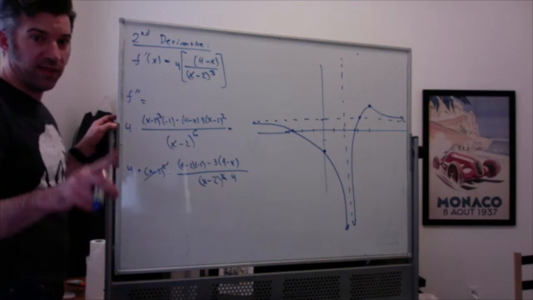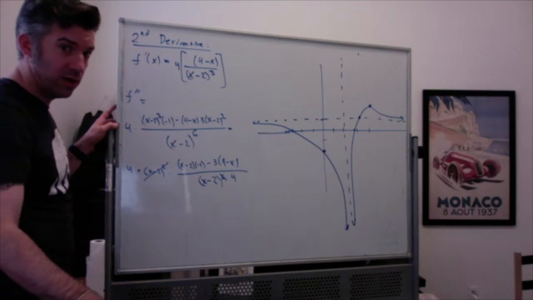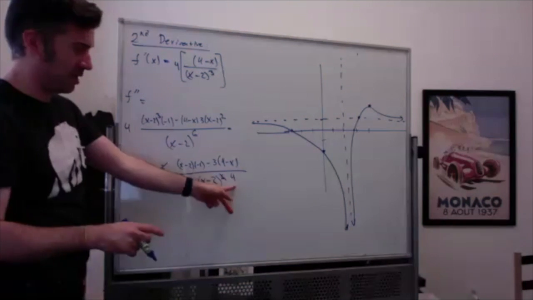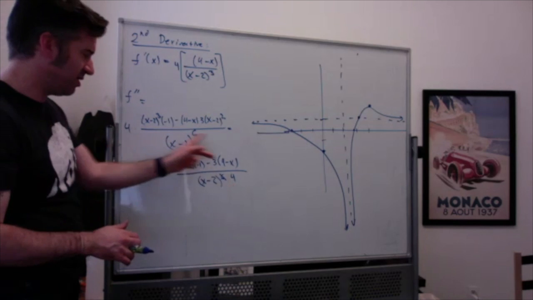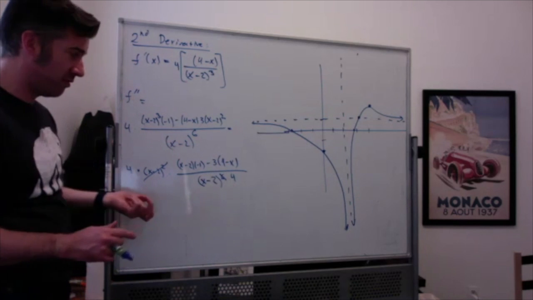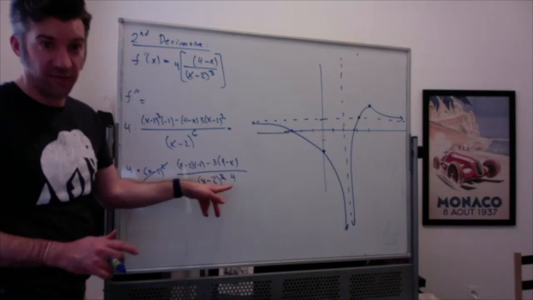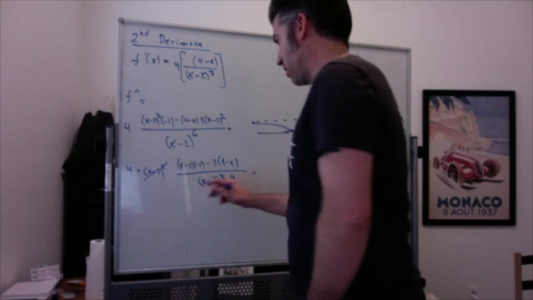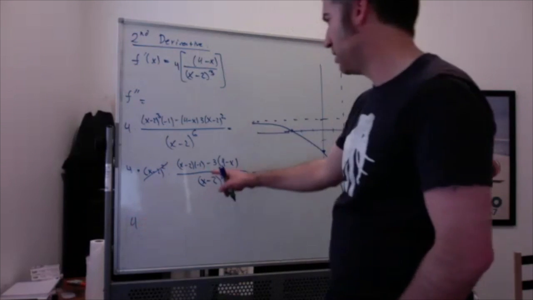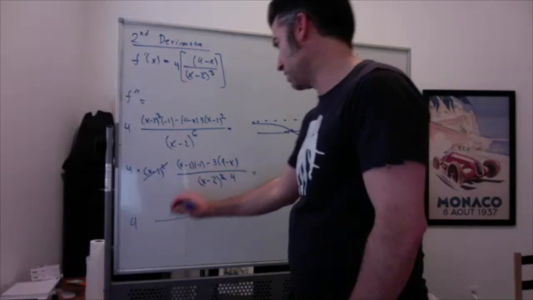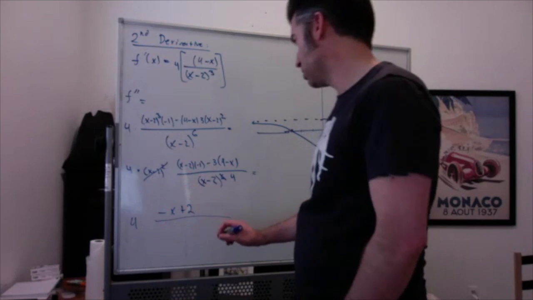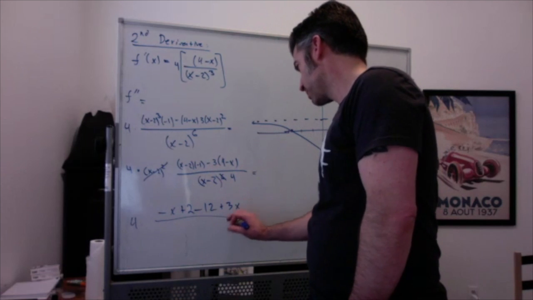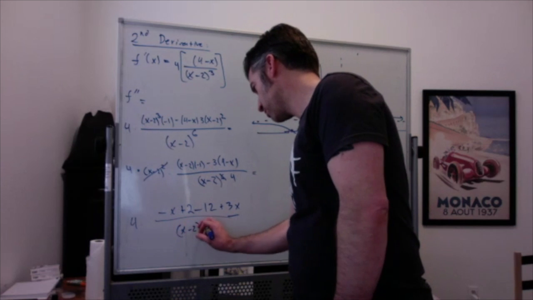Oh, look, that thing I said before is still true: when you take the derivative of a quotient like this, the power in the denominator ends up just getting 1 larger after you simplify. So if I took the third derivative, which I'm not going to do, I know I would end up with an x minus 2 to the 5th in the denominator once I was done simplifying. So let's see what we've got here. This 4 times negative x plus 2 minus 12 plus 3x, all over x minus 2 to the 4th.